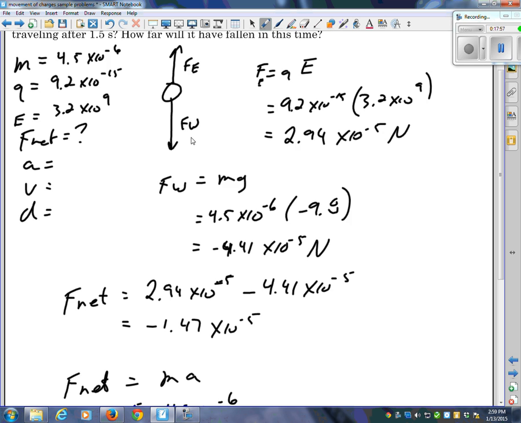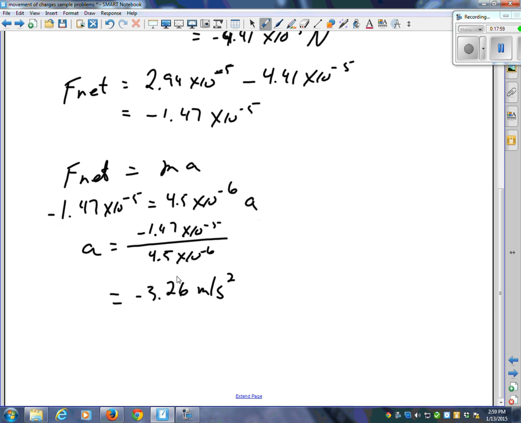This is saying that the electric force is making the acceleration down minus 3.26. Is this going to be bigger than 9.8? Can't be. It could be a really tiny number, but what this is saying is that it's falling at about 3 instead of 9, about 1/3 of what it normally would. Does that make sense?